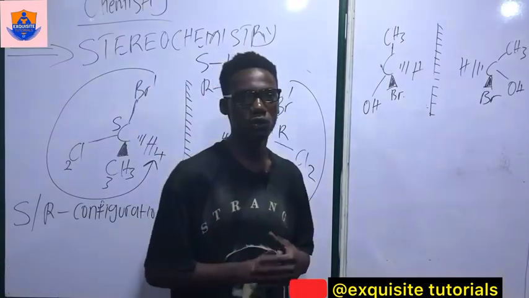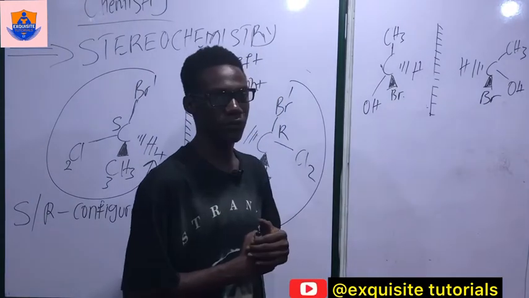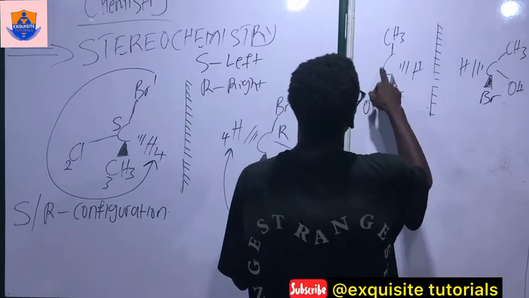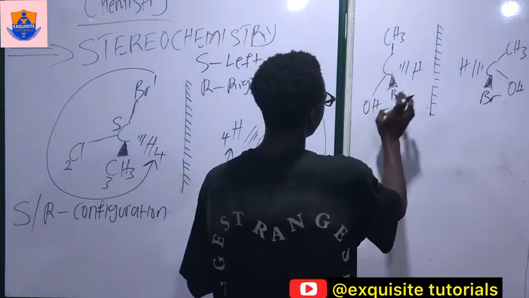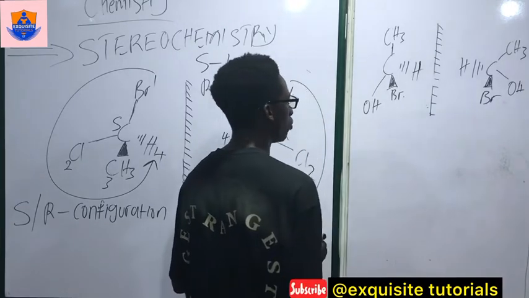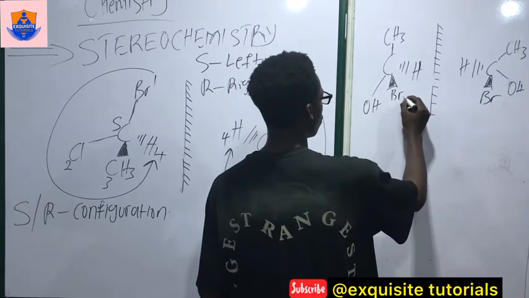You can pause the video, then answer this yourself. Okay. So now, between oxygen, bromine, hydrogen, and carbon, which of these has the highest atomic number? It should be bromine. So we have it as 1.